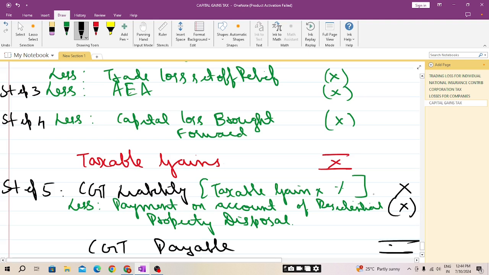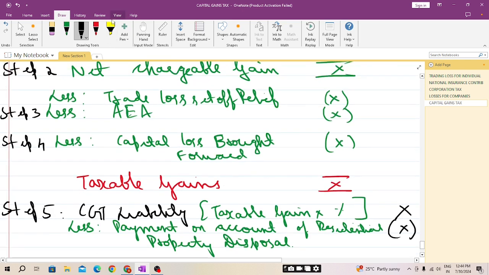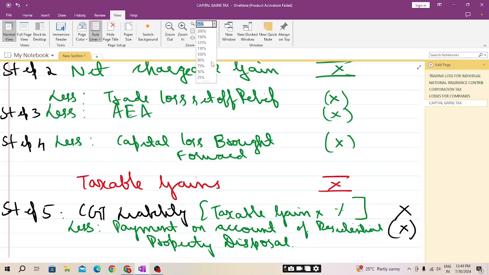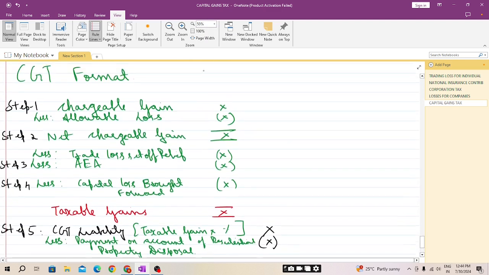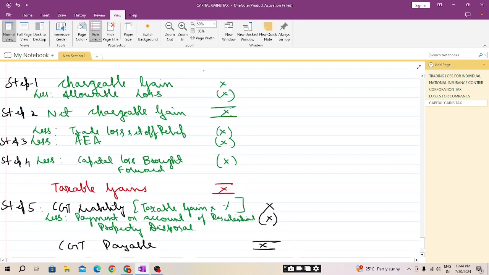Now, students, we will be covering step number 3 to step number 5 in more detail. I hope this format is clear to all of you. This format we need to follow, students. Step 1: the chargeable gains less allowable loss. We will be using the step 1 format: disposal proceeds less incidental cost less allowable expenditure. We will arrive at the chargeable gains or allowable loss. Then we need to net it. Step number 3 is less AEA.